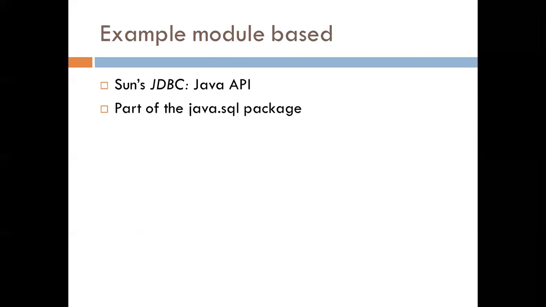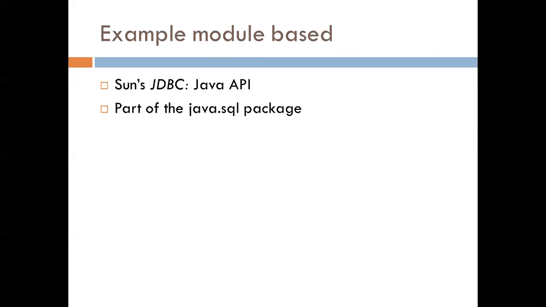The example of module based code includes the Java API. It is just one example, for the Java language. Similarly, we have them for all other programming languages. That is provided by Sun Microsystems, that is JDBC. JDBC stands for Java Database Connectivity.